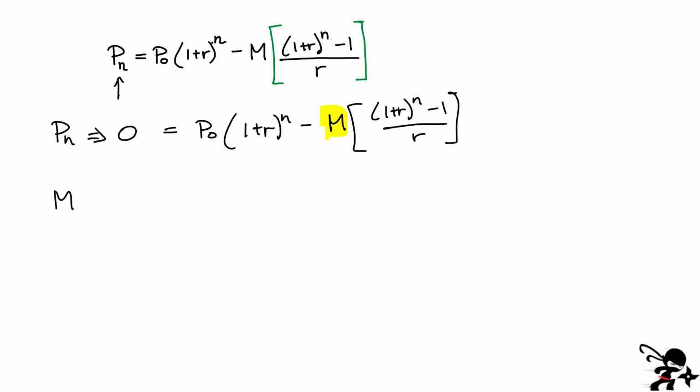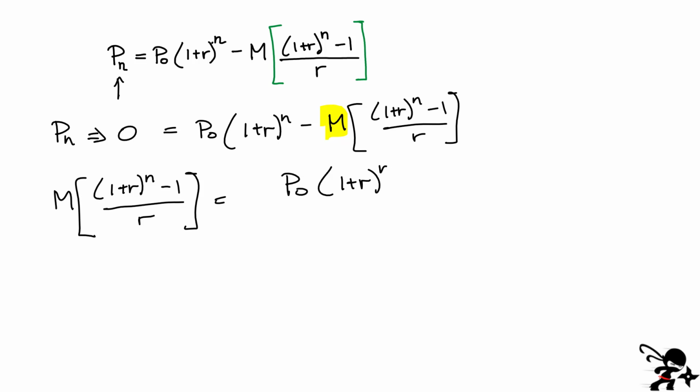So if I bring this whole term on the other side, m times 1 plus r to the n minus 1 over little r, and then this whole term is left over, right? P0, 1 plus r to the nth power. All right, our last step now is simply solving for the monthly payment. Just bring this bracket on the other side. I'll write P0 first.